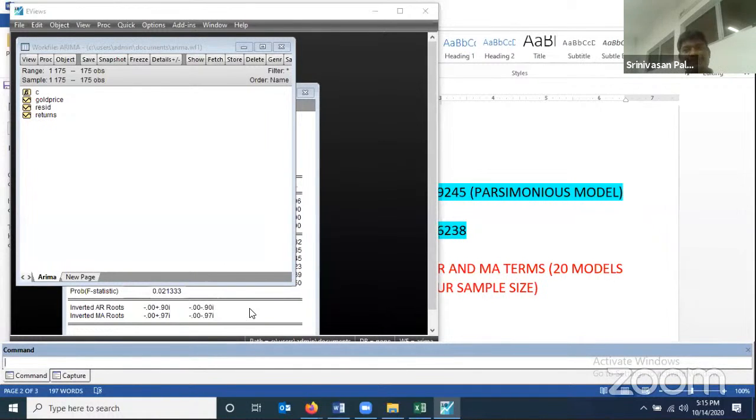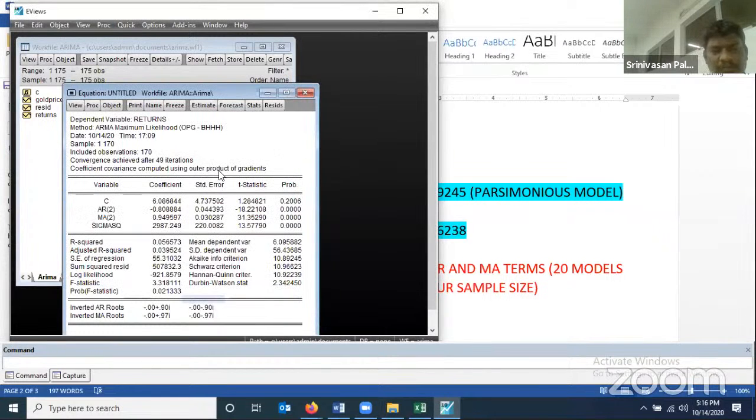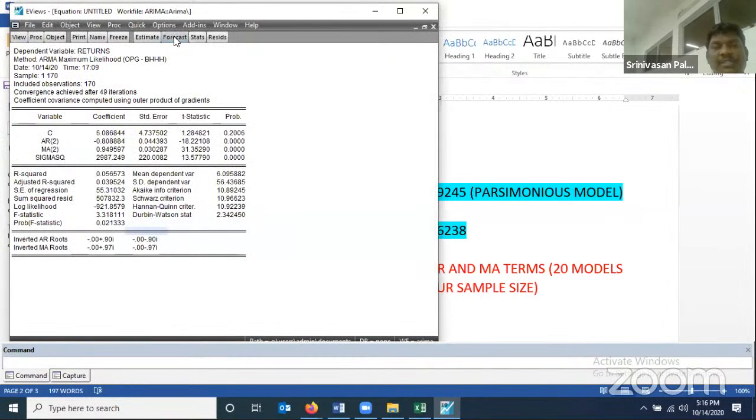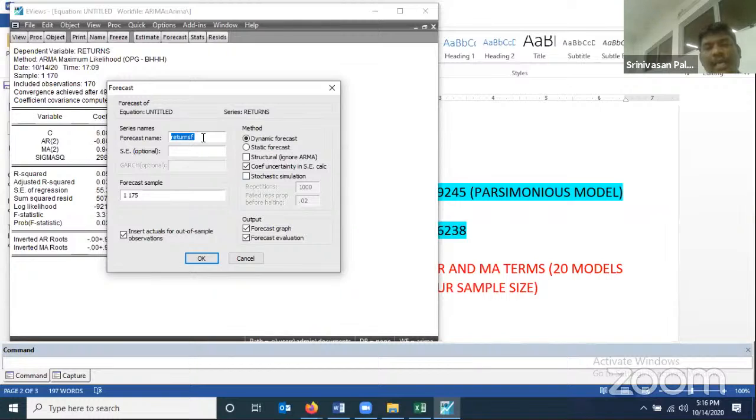Now go to estimate, and come back to your result, the model you estimated. Now I'm going to click forecast. For the forecast name, let me put F, or you can put any variable name. The forecast sample I adjust to 171 to 175, just the 5 months.